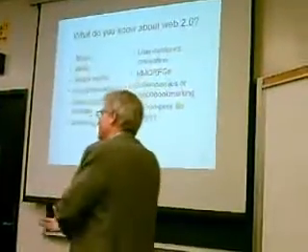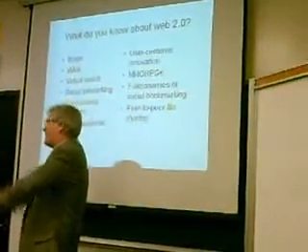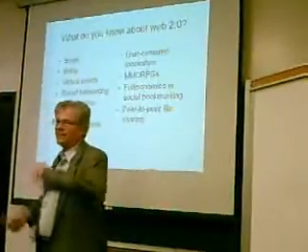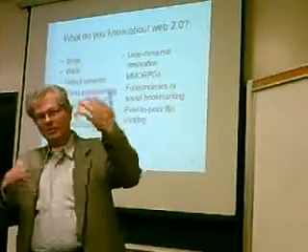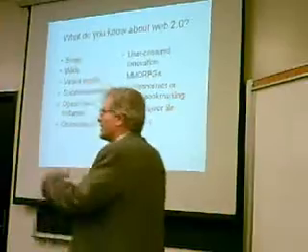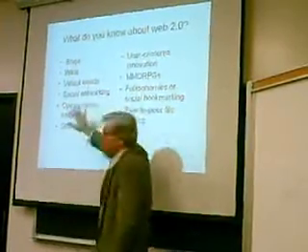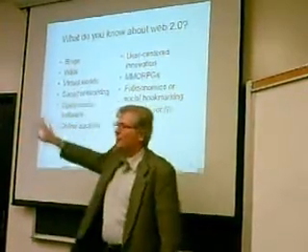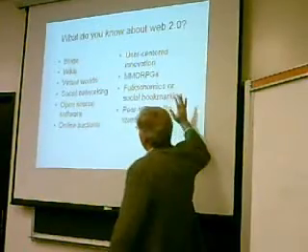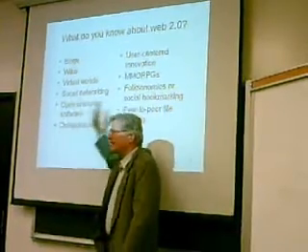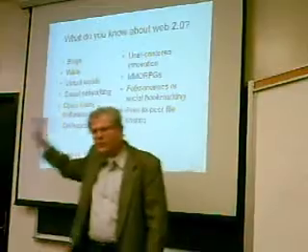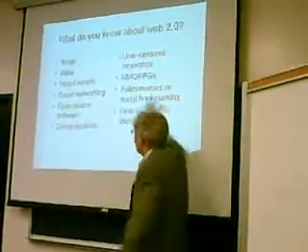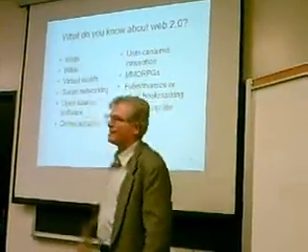In e-commerce, a company puts a website up and you can go there and buy things, and that's fine. That's the basic start of the web. But the second generation, which has really come into being in the last 3, 4, 5 years, called Web 2.0, as you can see, is quite a list of different kinds of things, the new things that some of you have never heard about, and some of you have.